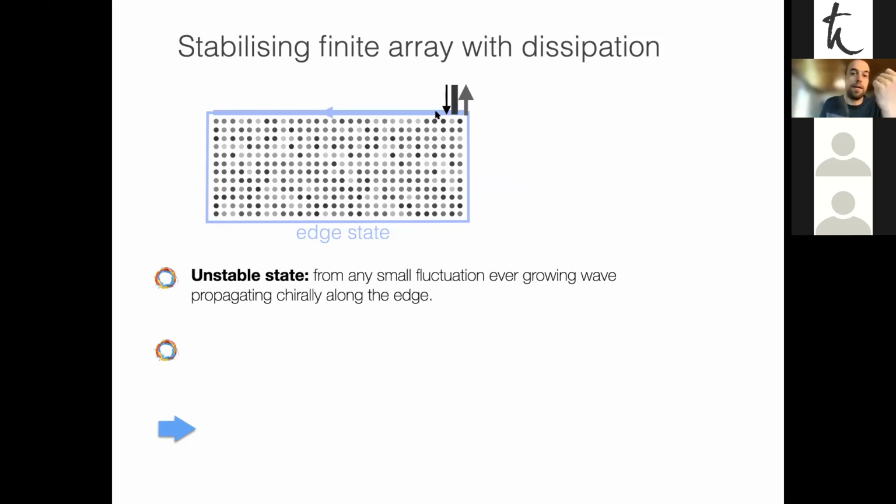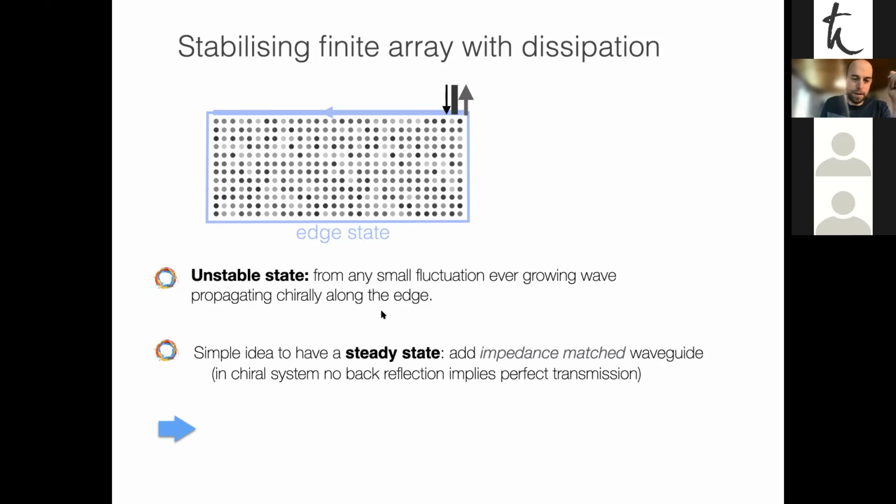This means that the transmission is perfect, equal to one, because I have just one channel where I can transmit. So if I inject something, it's amplified, it makes a full round trip, but then it's ejected. And so I have arrived at a stable situation, but not yet an amplifier.